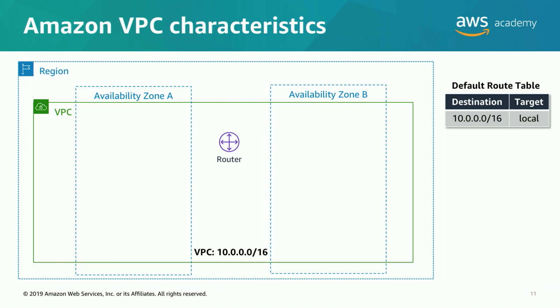This table defines a route, or rule, that allows all traffic for its CIDR IP address range to be routed locally. In the example, the VPC has an address range of 10.0.0.0/16. Therefore, its default route table has a rule to route all traffic that is destined for that range through the local route. Next, we examine how subnets and route tables are used in a VPC.